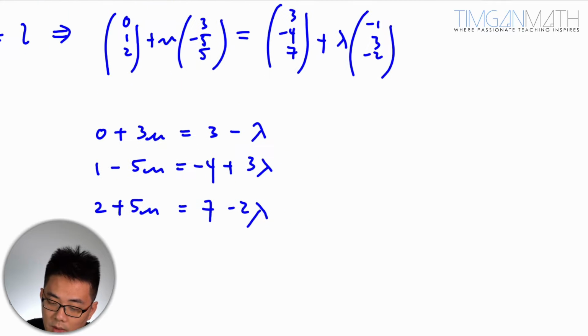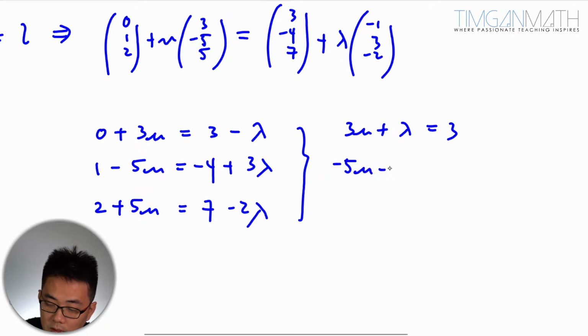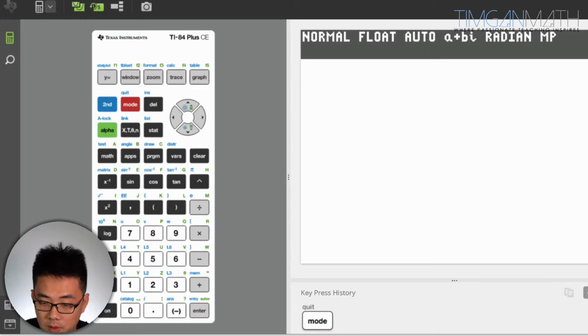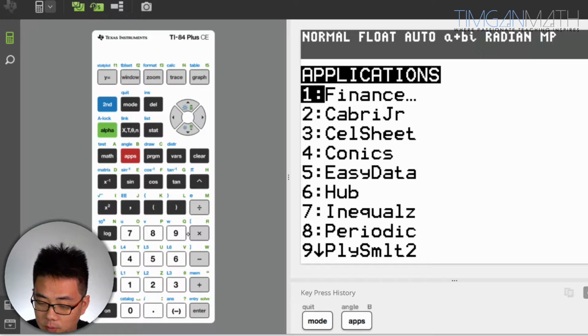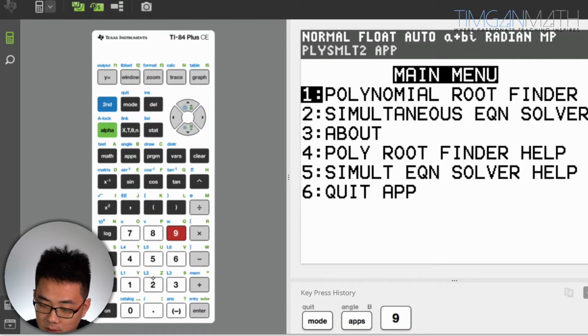Rearrange them, and we'll see whether from the GC we are able to get a unique solution for this system. If we have, then we are pretty much safe because they're intersecting. So this is 3 mu plus lambda equals 3, and so on, and 5 mu plus 2 lambda equals 5. On the GC, go to the polynomial and simultaneous equation solver.